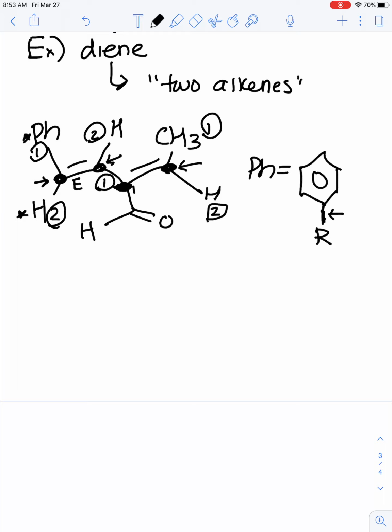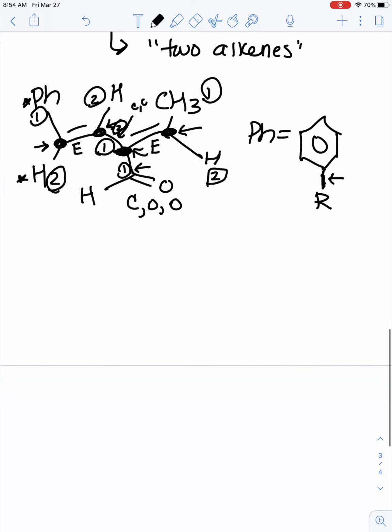When we're looking at this other carbon, this substituent would actually be a higher priority because we have a carbon attached to an oxygen, versus this chain up here, which is a carbon-carbon. So we would list this one as number 1, and our number 2 would be up here. They're on opposite sides, so this would be an E configuration.